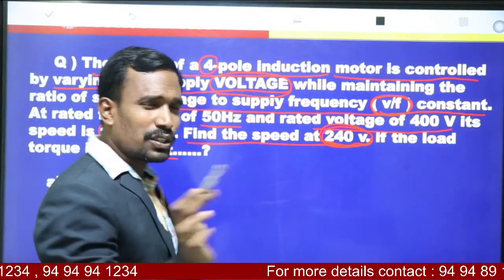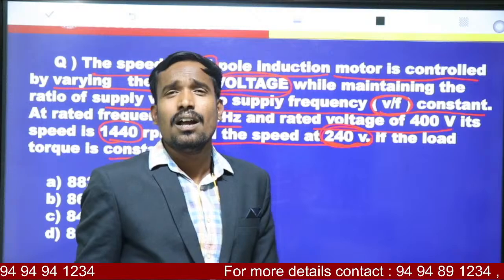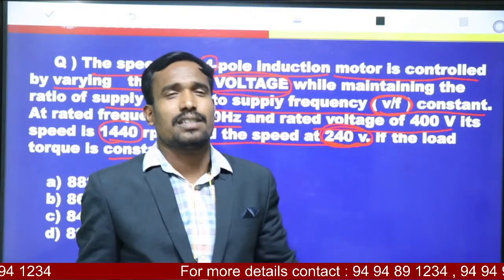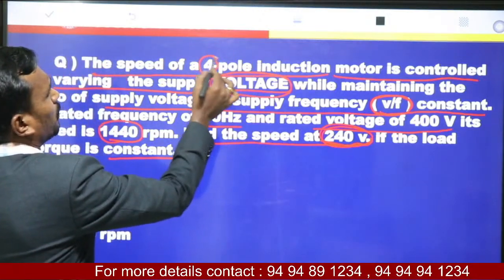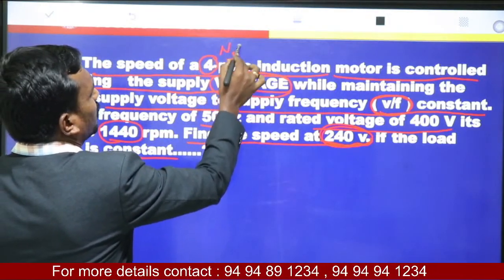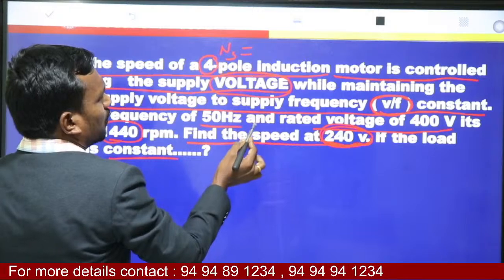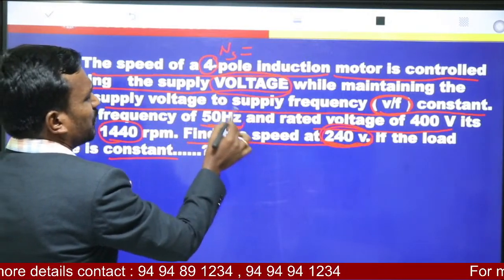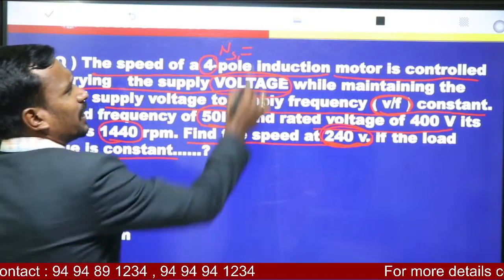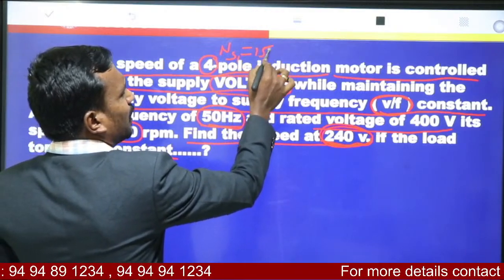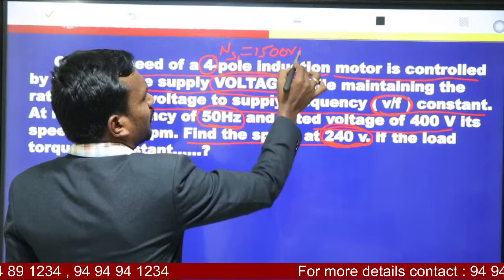This is the assumption I told you already: always full load torque should be constant. So let's see, for a 4-pole machine at the rated frequency of 50 Hz, the synchronous speed is 1500 rpm, you know already.